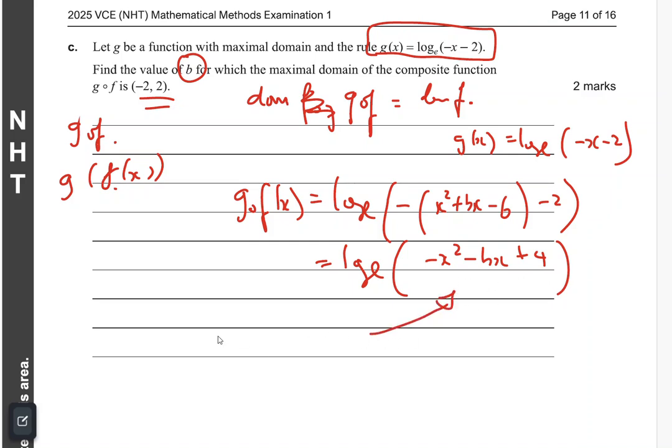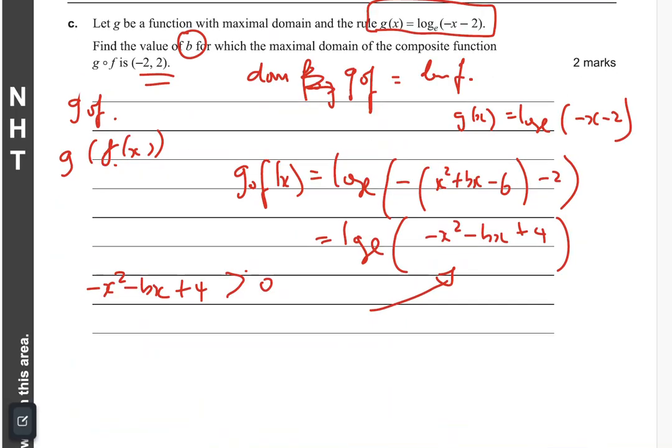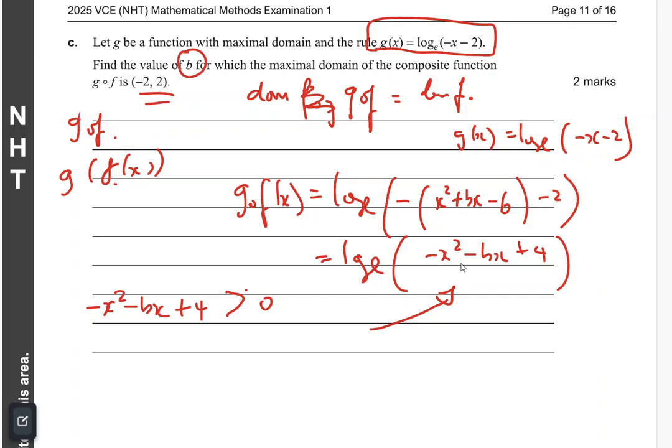So I'm looking for the inside of the logarithm, minus x squared minus bx plus 4, to be bigger than or equal to 0, given the x values from negative 2 to 2, because that's what I've been told the x values are.